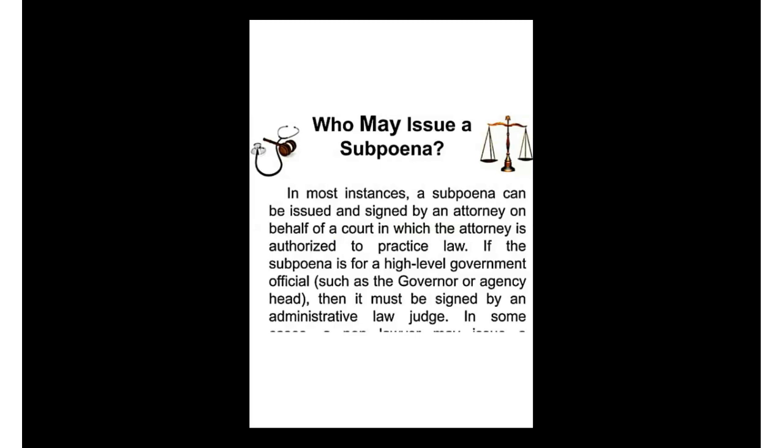So for example, who can call you for this subpoena and testimony, for identification? Usually, in a law court, the attending judge can call you for testimony. If it is related to the higher governing bodies, the attending administrative law judge will issue the letter or document.